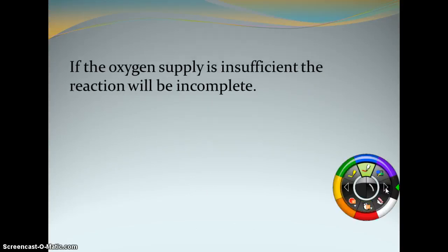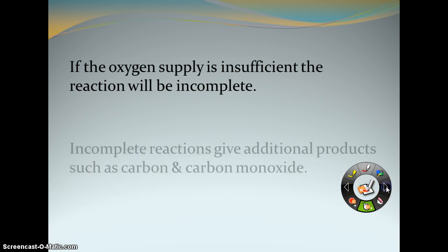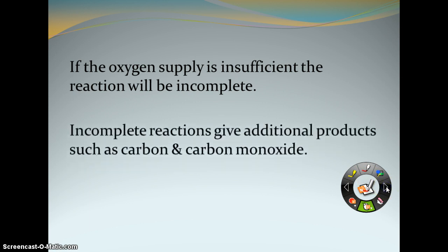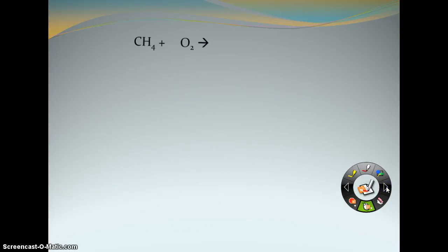If the oxygen supply is insufficient, the reaction will be incomplete. Incomplete reactions give additional products such as carbon and carbon monoxide. So we're going to avoid these types of reactions. We're only going to do complete.